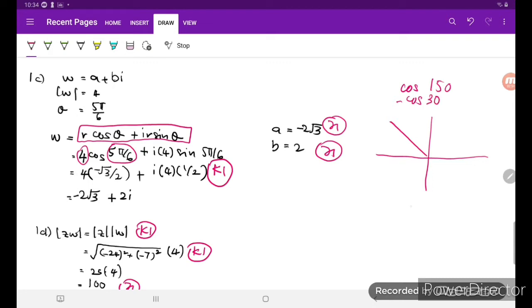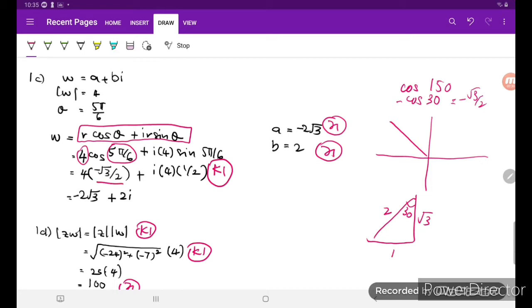So if you use special angle 30, negative cos 30 will be negative root 3 over 2. Okay, that's why I put it here.